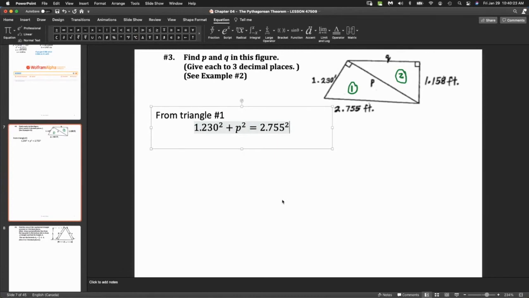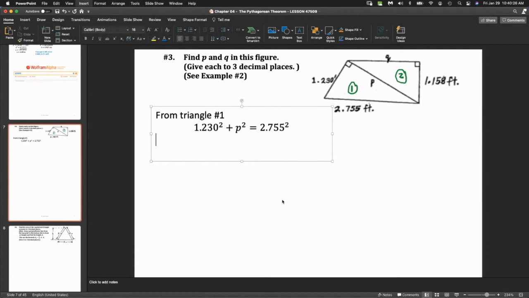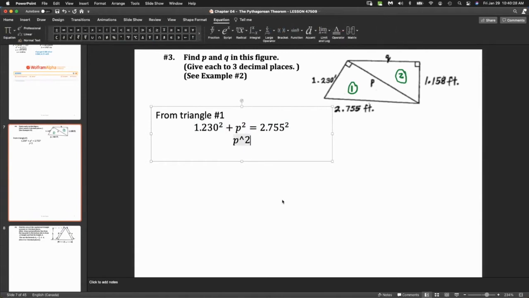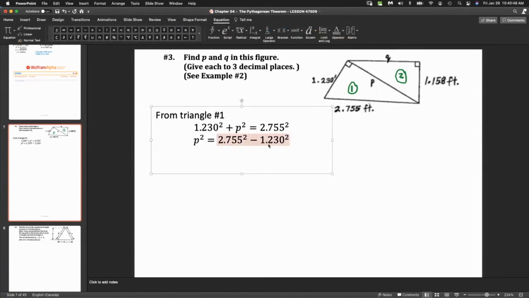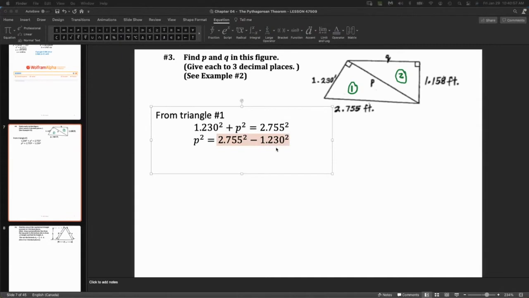You could file a complaint and say that your professor does not like ABC, and I'll reply, I don't care about ABC, respectfully. Notice that I moved the 1.230 over so that I can take all this stuff here, and you can do it as well because your calculator understands BEDMAS.